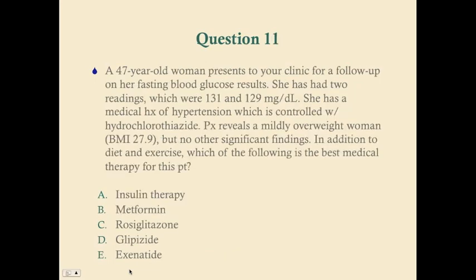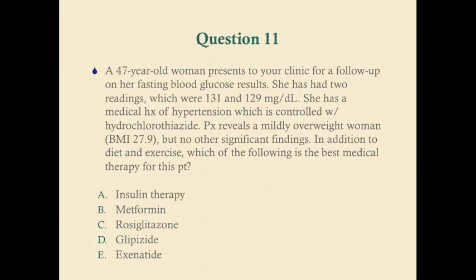Okay, question 11. A 47-year-old woman presents to your clinic for a follow-up on her fasting blood glucose results. She's had 2 readings, which were 131 and 129 milligrams per deciliter. She has a medical history of hypertension, which is controlled with hydrochlorothiazide. Physical exam reveals a mildly overweight woman with a BMI of 27.9, but no other significant findings.